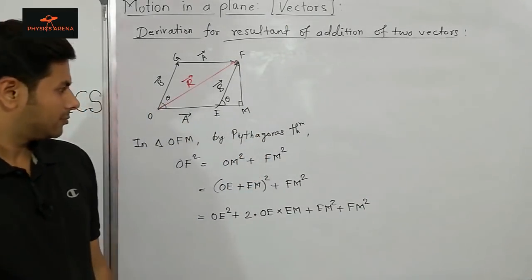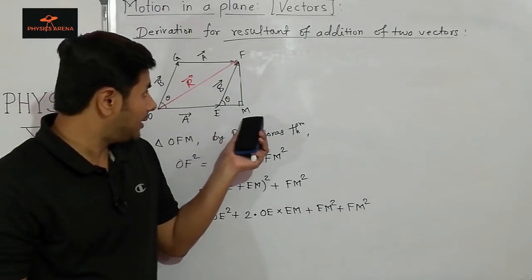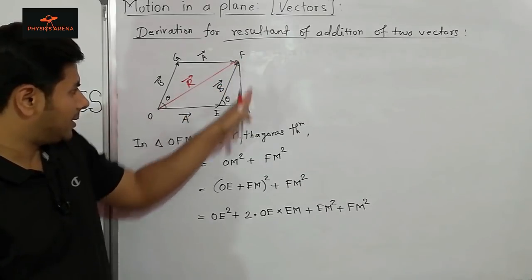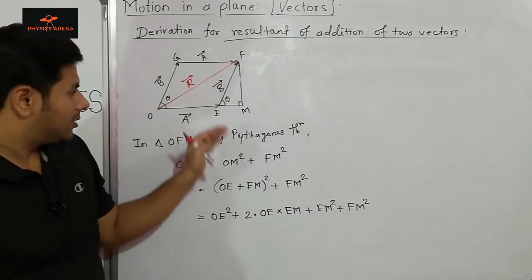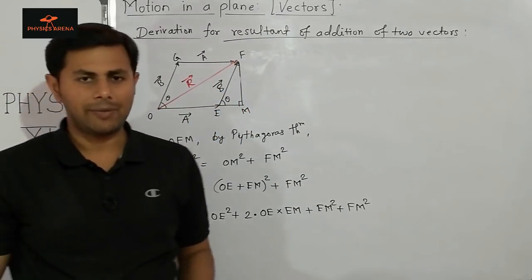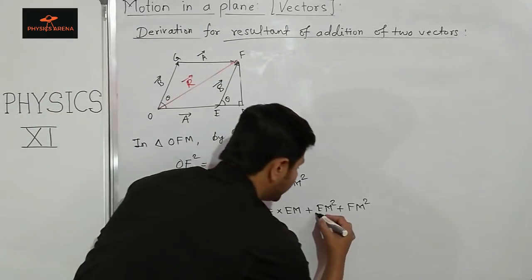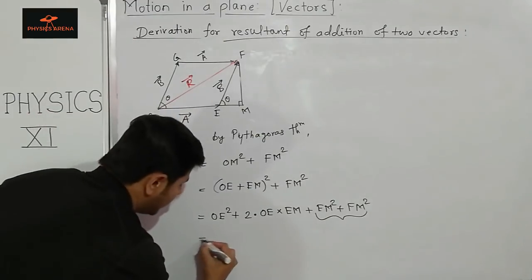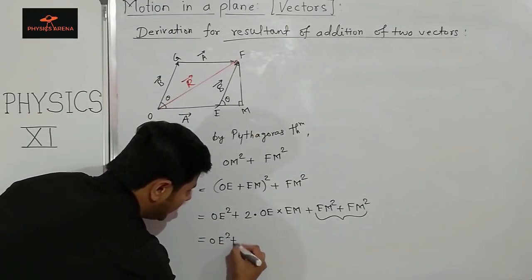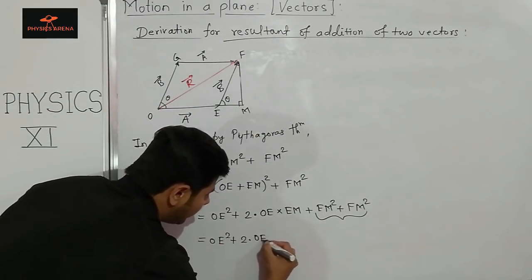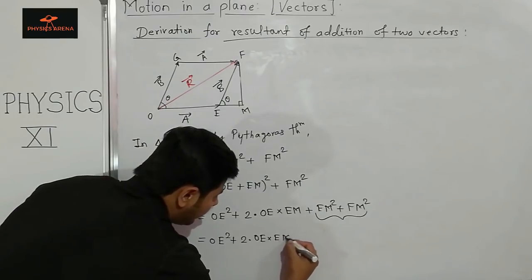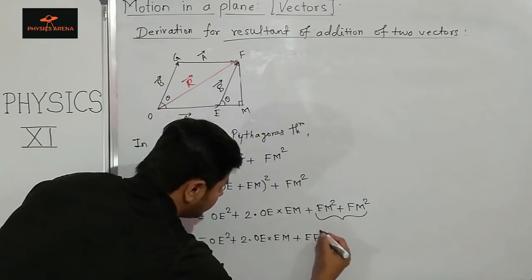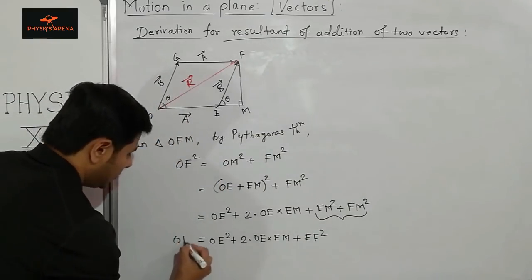Now see, this EM square plus FM square will give me this EF square by Pythagoras theorem. So let us write OE square plus 2 times OE into EM plus this EF square. This is OF square.